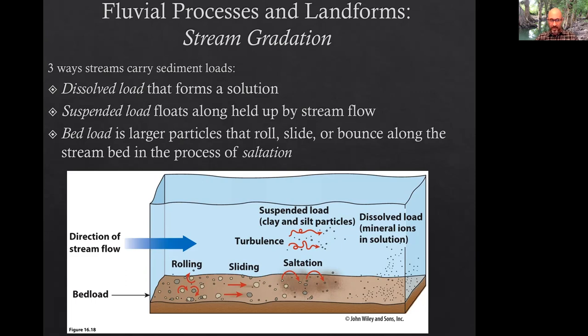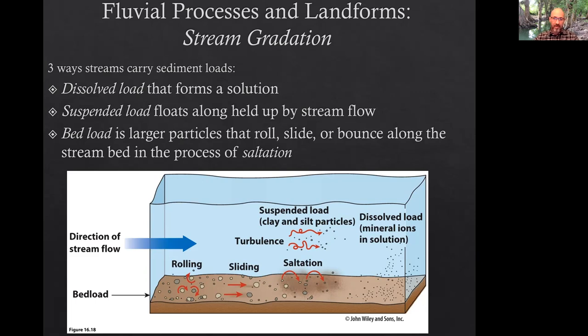Second is suspended load. This is what makes water cloudy. Things that are light enough to be held aloft and mixed up with the water because of the force of turbulence. If the water is calm, the material will drop out because it doesn't have a lot of that energy in it, just like air bouncing around molecules.